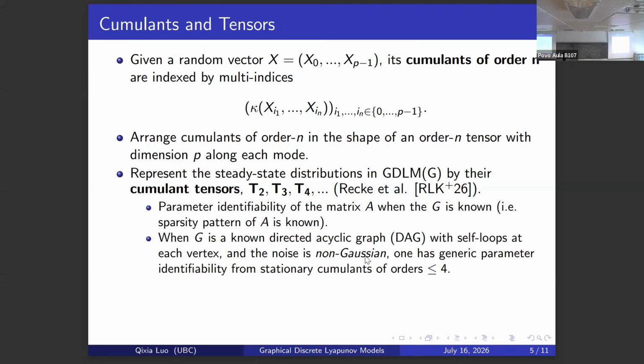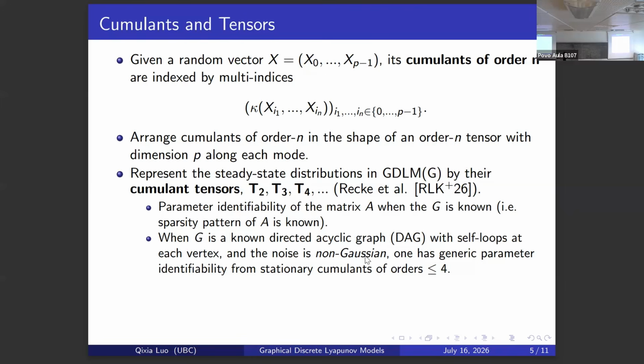They have this nice result that says that when G is a known directed acyclic graph, or DAG for short, that has self-loops at every vertex, and the noise is non-Gaussian, then yes, we have generic parameter identifiability in the models.